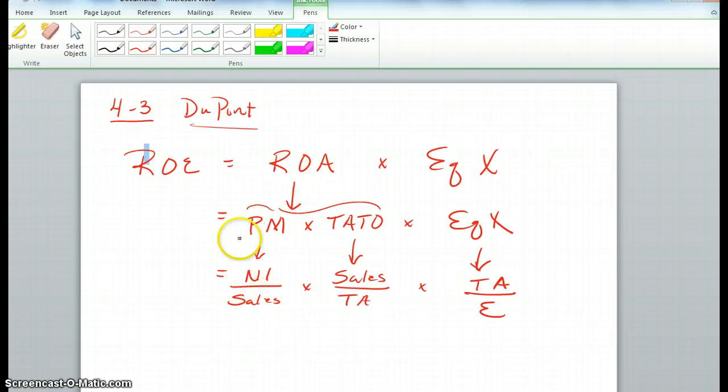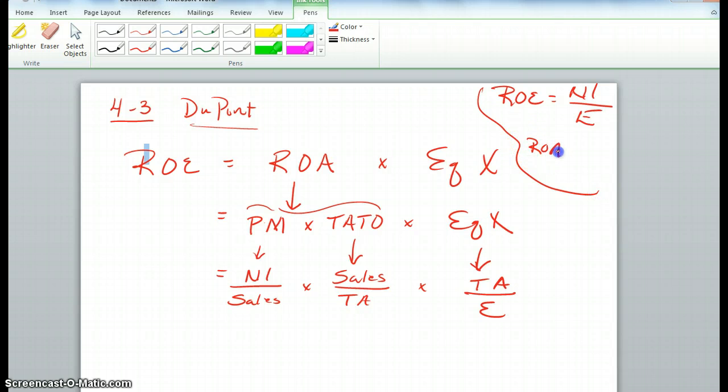And the reason it works, I want you to first take a look at return on equity. Anytime you see return, net income is going to be in the numerator, so return on equity is net income over equity, and return on assets is net income over total assets.